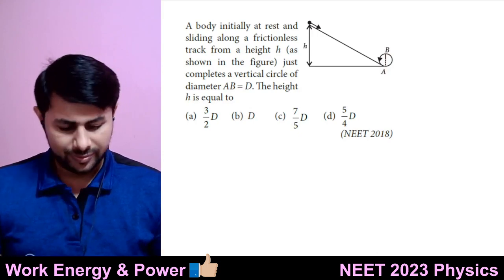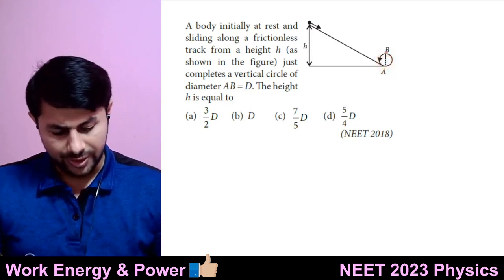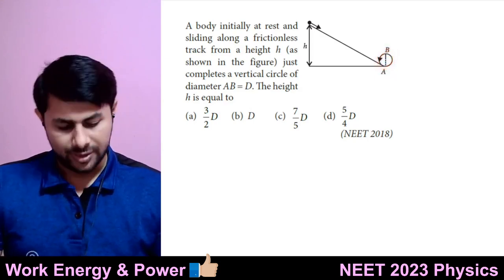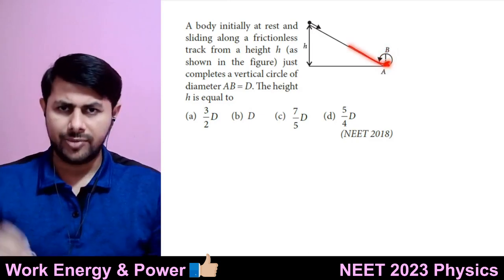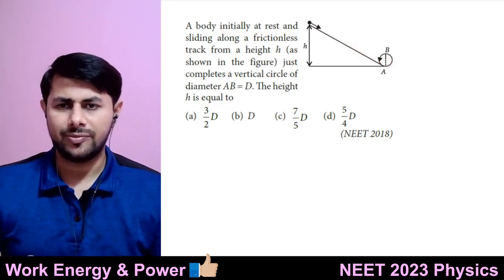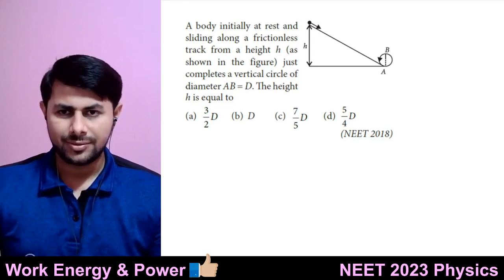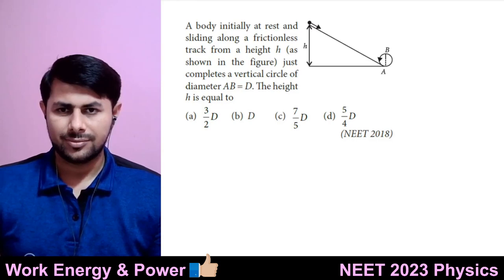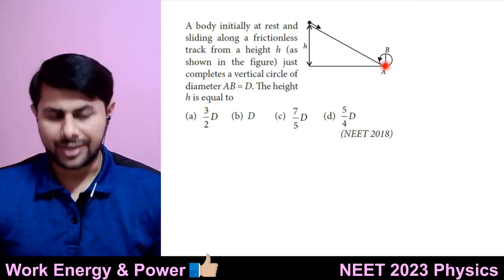See, in order to complete this vertical circle, it must enter this loop with the minimum velocity required to complete the vertical circular motion. But it is entering at this point, at the bottom.